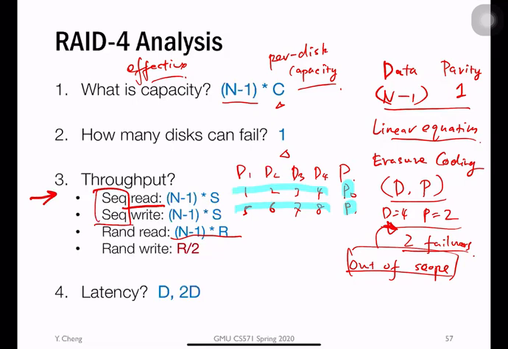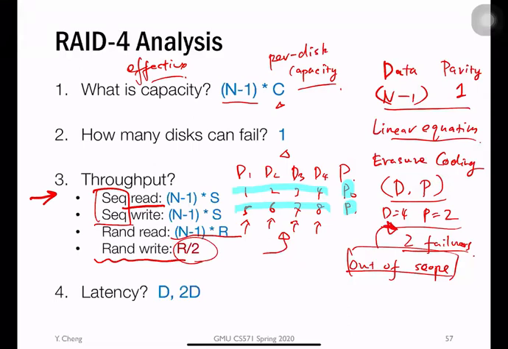For random write, it's a little bit trickier, which is R divided by 2. Why is that? If you take a look at this example, random writes could happen to this one, this one, this one, this one. We're talking about random writes concurrently issued to all of these 4 disks that store data.